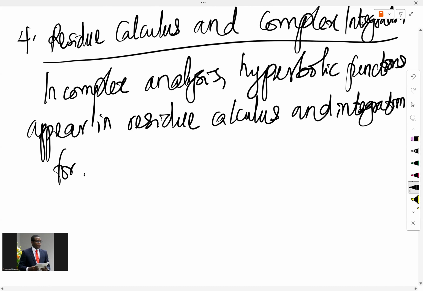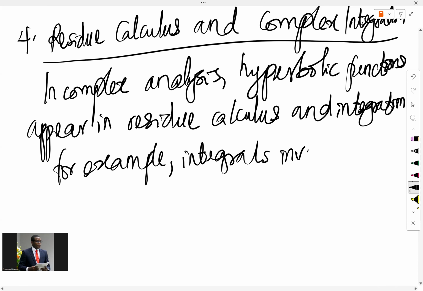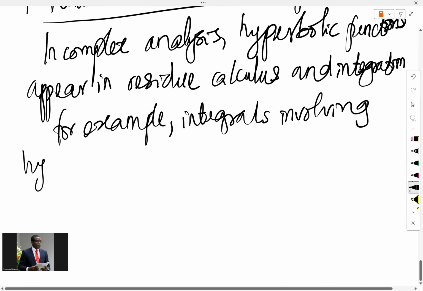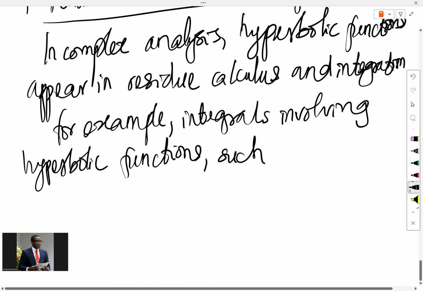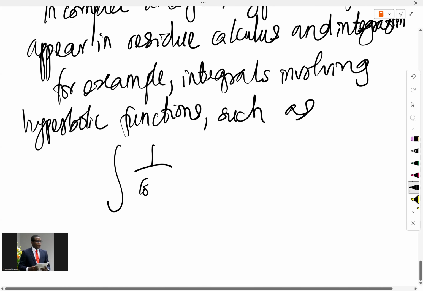For example, integrals involving hyperbolic functions, such as the integral of 1 over cosh z dz.